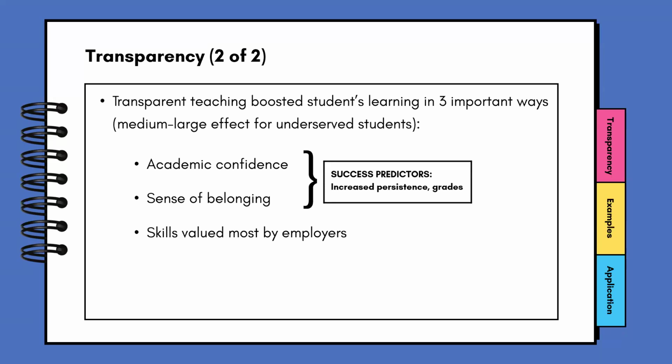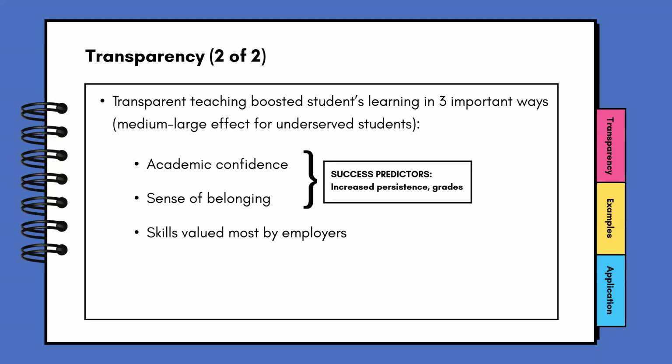If students have academic confidence and they feel a good sense of belonging in their classes, that means that they will have increased persistence, increased grades, increased passing, everything. And what they found was students actually did feel greater academic confidence and sense of belonging from those classes that had this framework enacted in. And specifically in those underrepresented and first generation students.